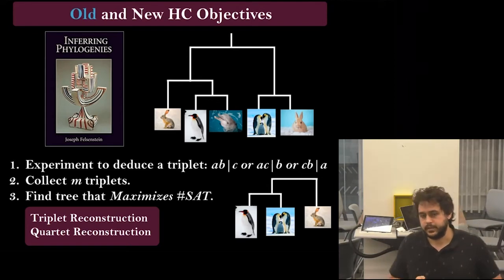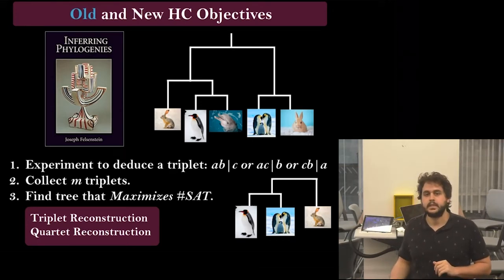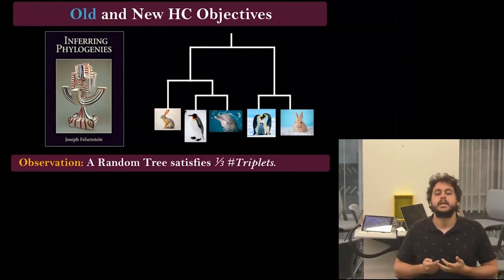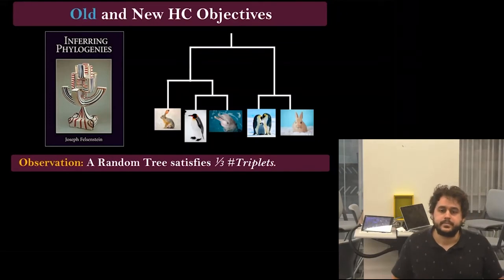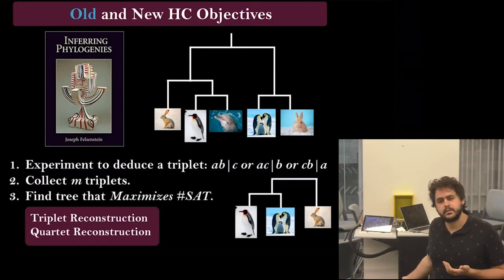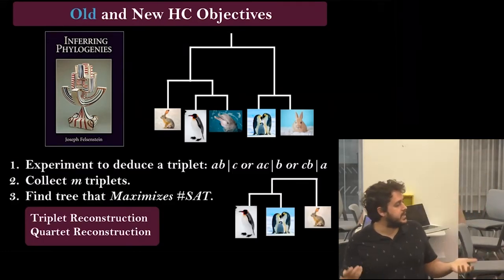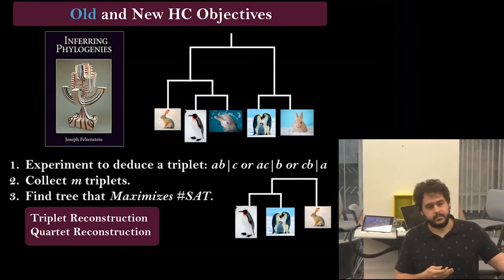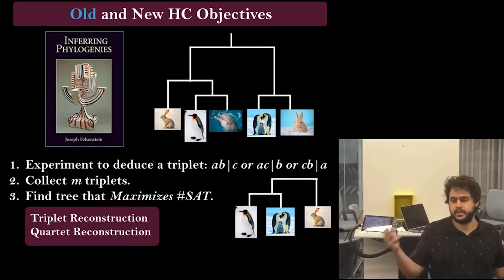This is a vanilla version of triplet reconstruction. Now, a quick observation. This is a simple problem, I mean, it's simple to state. It's very natural. Perhaps before going to this, you can think of these triplet constraints. Maybe in a flat clustering setting, you would have a pairwise constraint that says, maybe me and Liren should be in the same cluster, and maybe me and Pat should be in a different cluster.